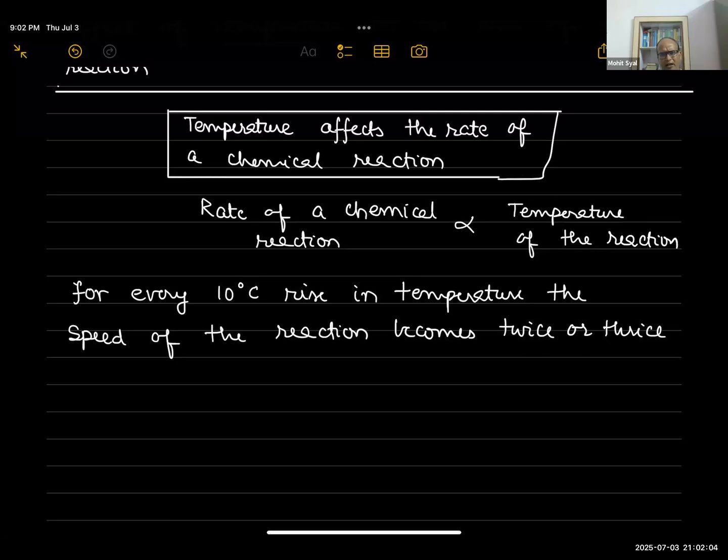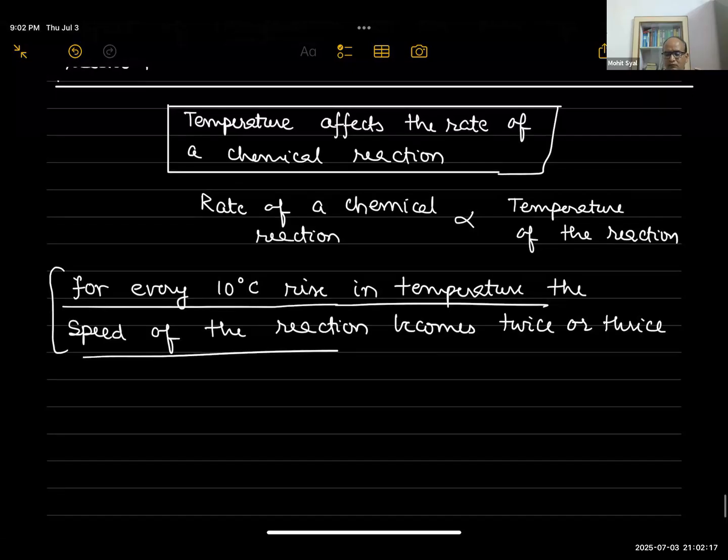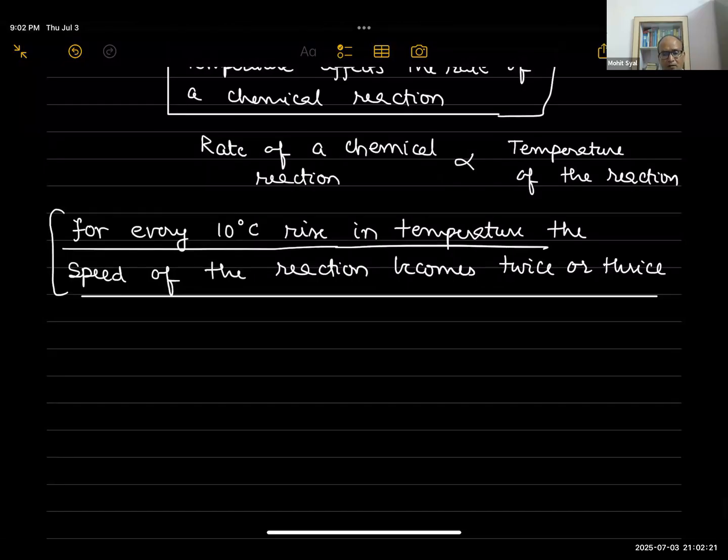It can be more, it can be less. I'm giving a very general idea. Is it clear or not?